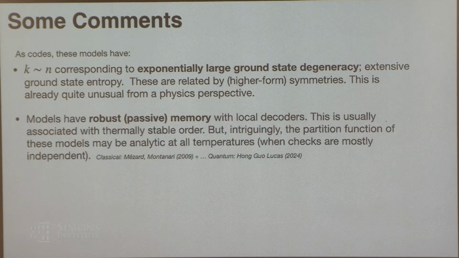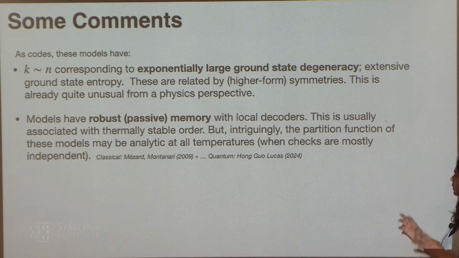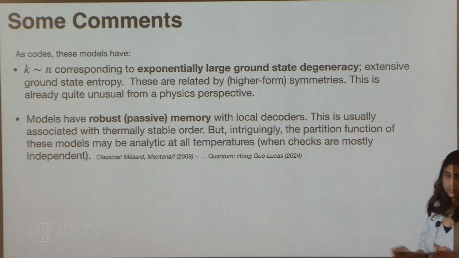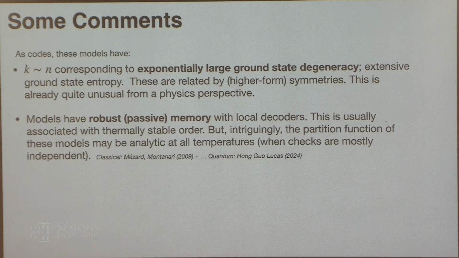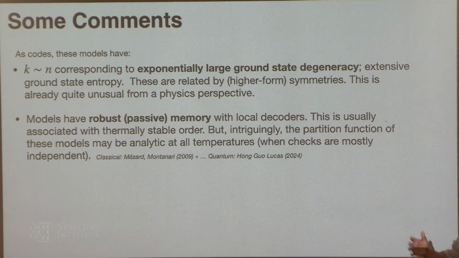Okay, and then there's a puzzle about these models, which for the quantum context was very nicely put forward in this recent paper by Andy Lucas's group, which is that a lot of these models are known to have these types of codes that I'm talking about. They are known to have robust passive memory with local decoders.